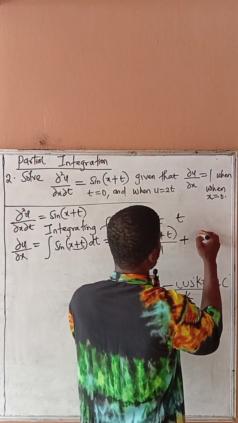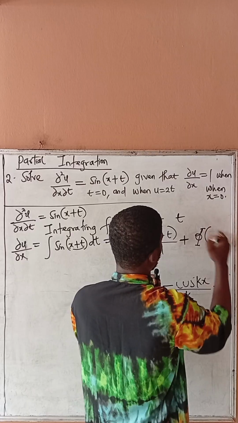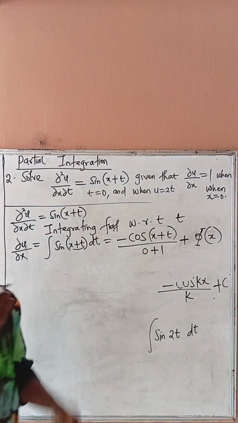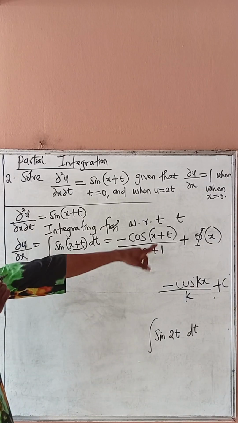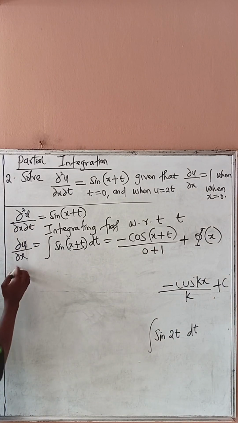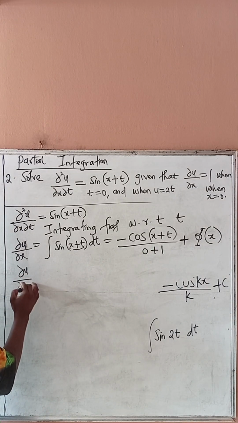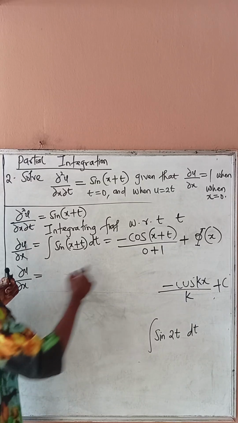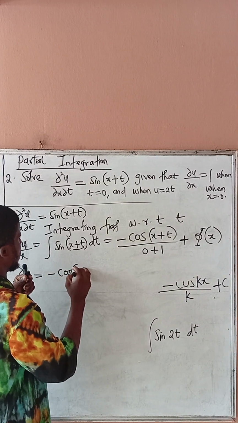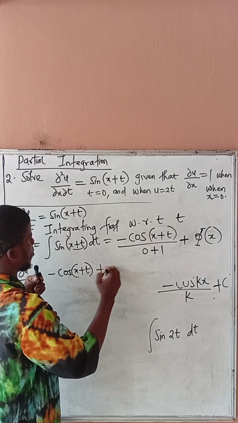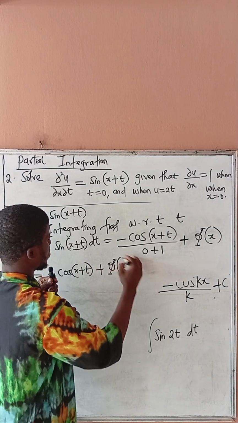Let me use phi of x. You know, I told you we can say f of x, g of x, whatever. I'm using phi of x in this case. So it means that partial u partial x is equal to, everything here is 1. So I have negative cosine of x plus t plus phi of x.